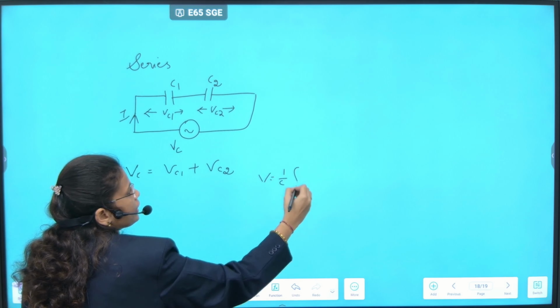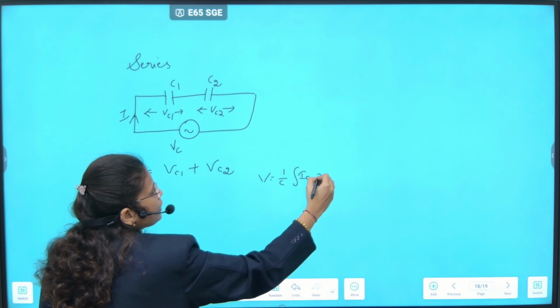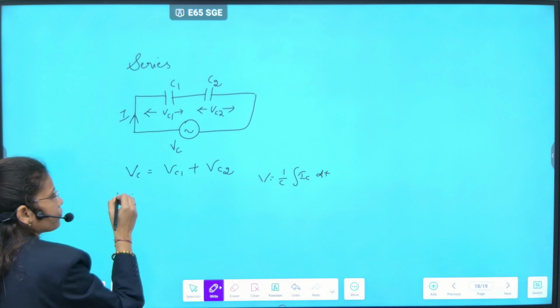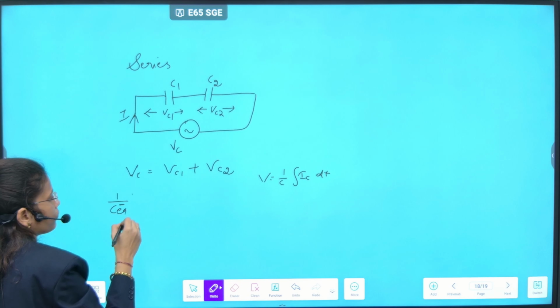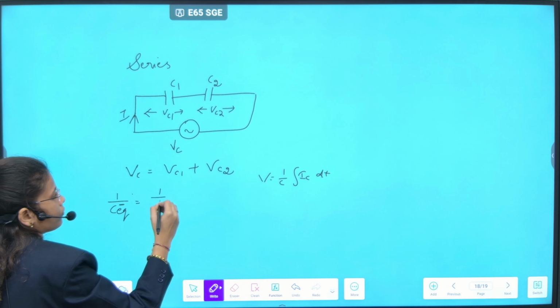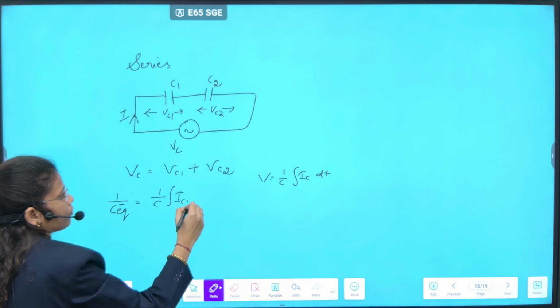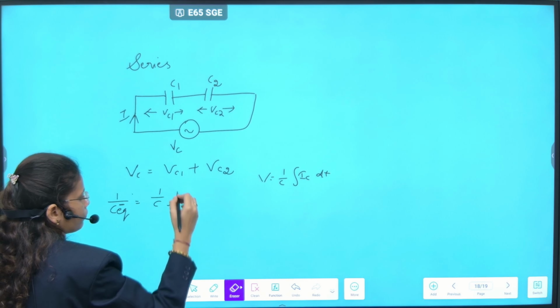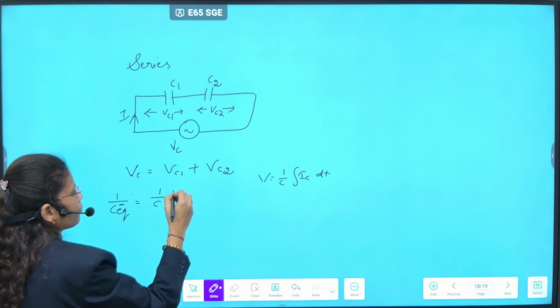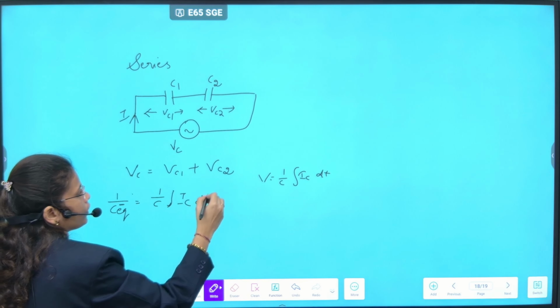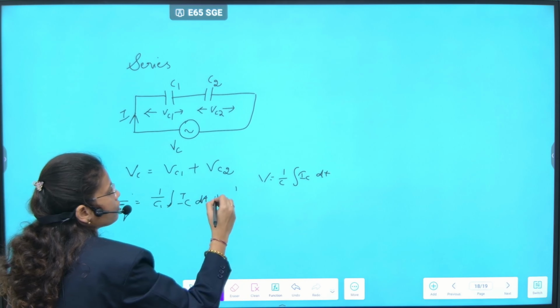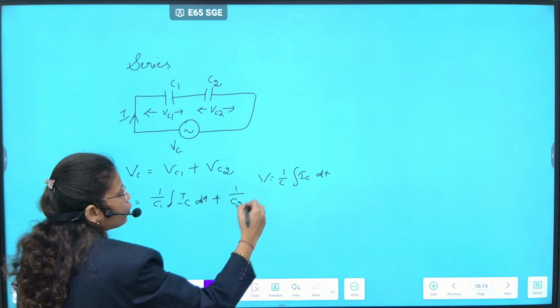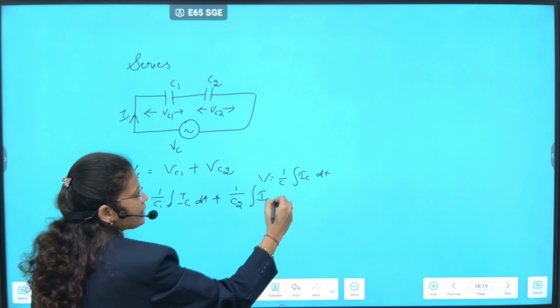So 1 by C1 integration of IC dt plus 1 by C2 integration of IC dt.